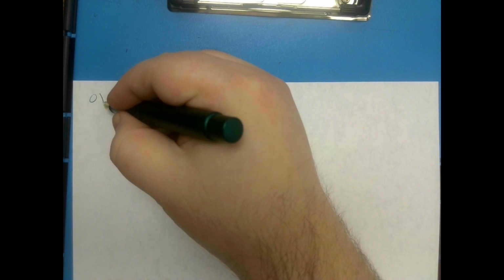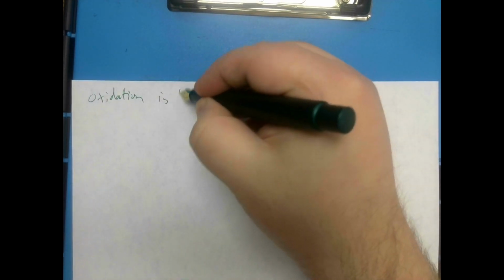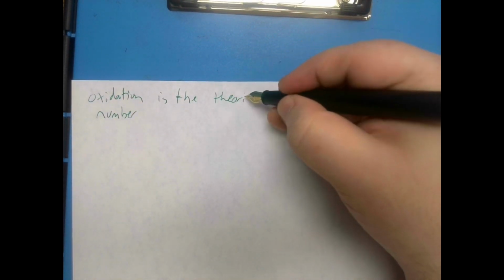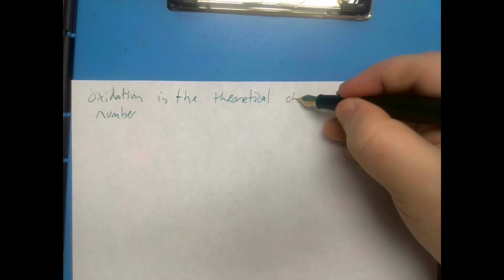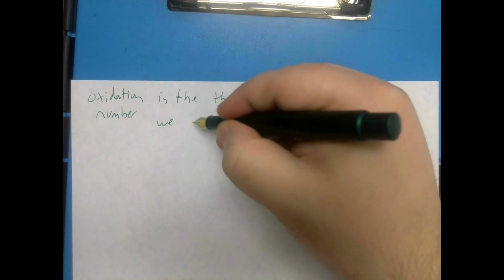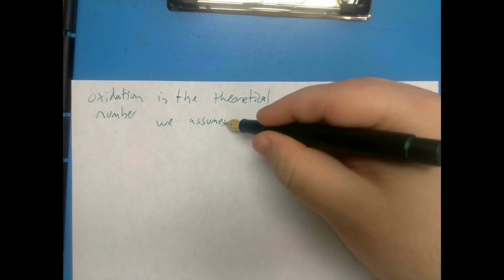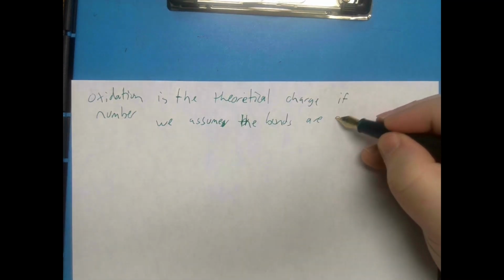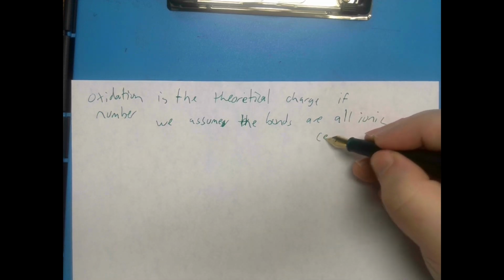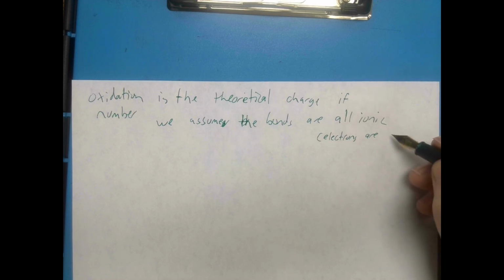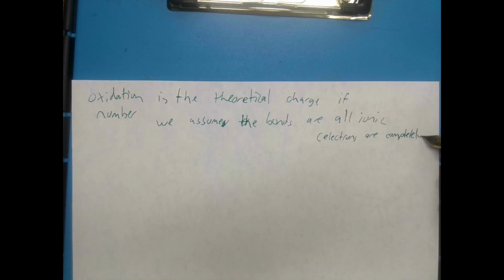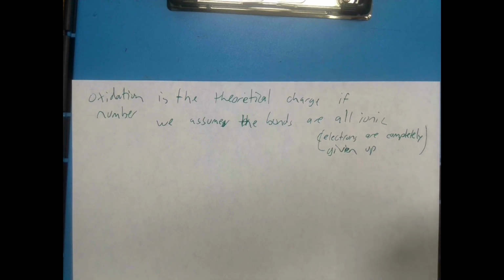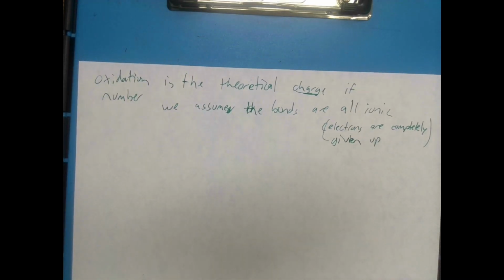So oxidation number is the theoretical charge if we assume the bonds are all ionic, meaning electrons are completely given up. So it's the charge if it's ionic.